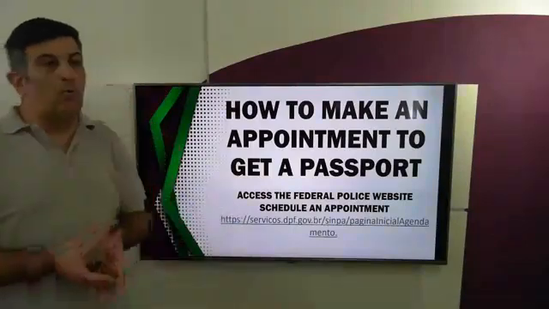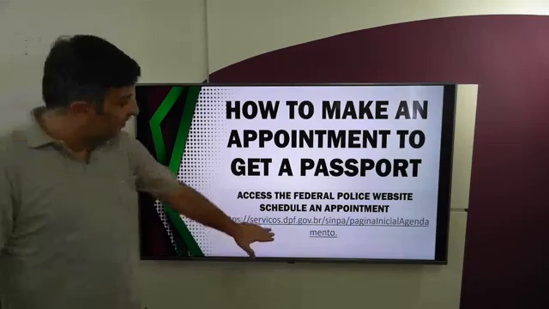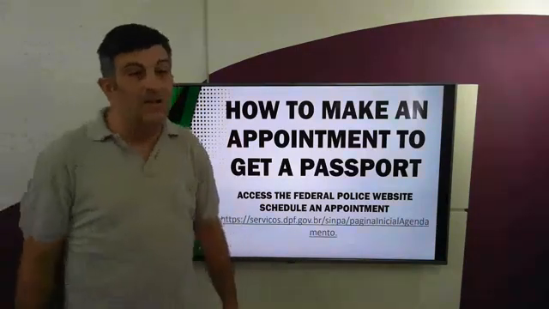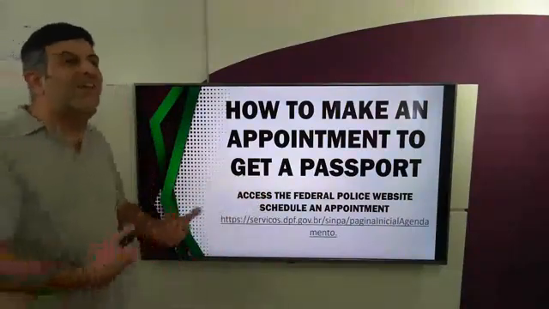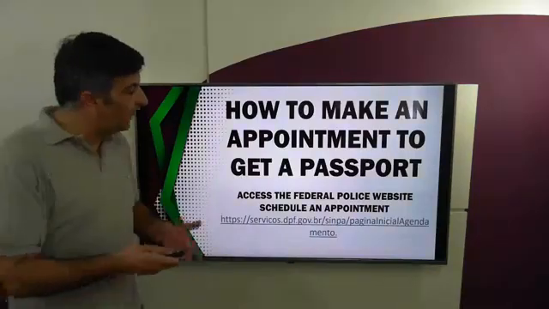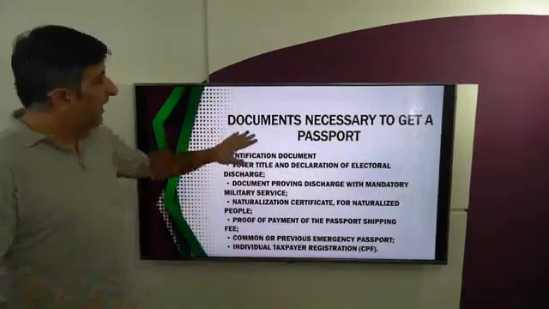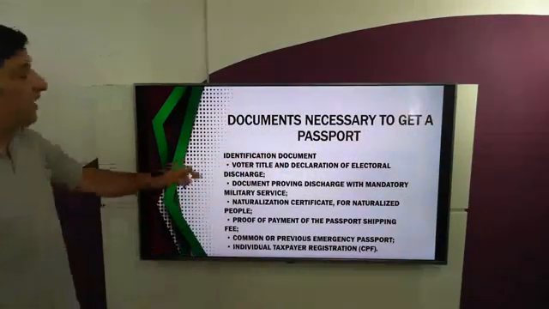Then, to get an appointment, you need to access the website of the Brazilian Federal Police to schedule a date, okay, to make the things. For example, documents are necessary when you get a passport. An identification document.